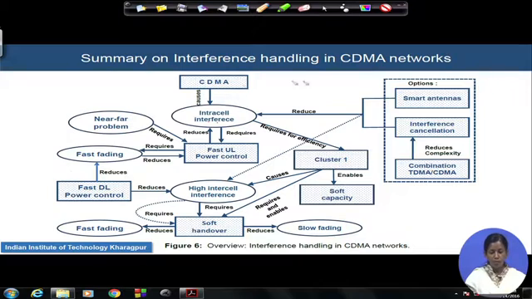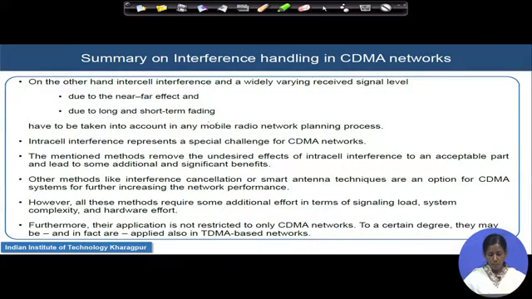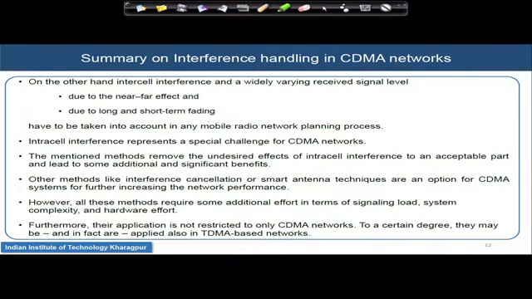So, as a whole, this is the complete picture of the CDMA network interference and its handling schemes that we have already discussed in the last 4 modules. And this is basically the description of whatever we have discussed in the last few slides.